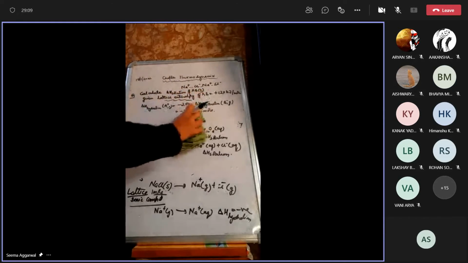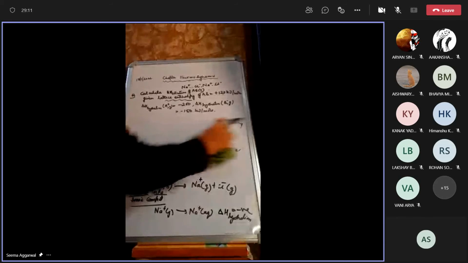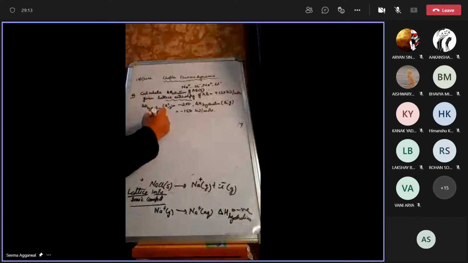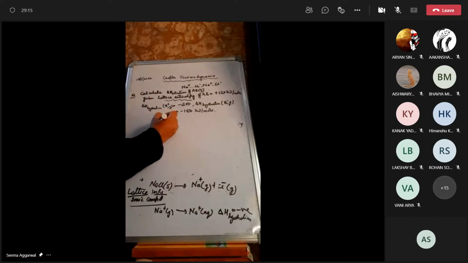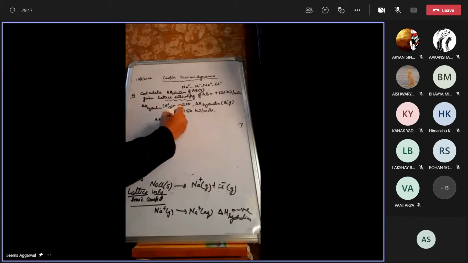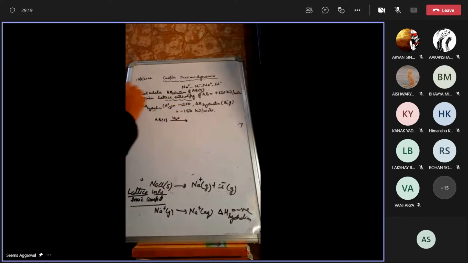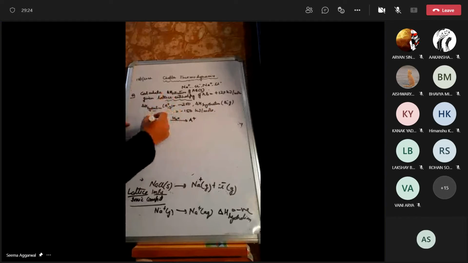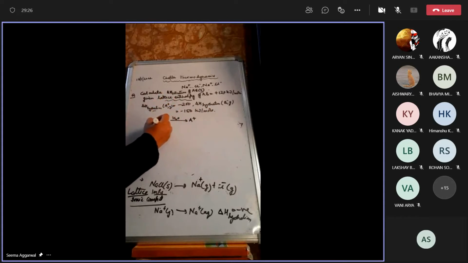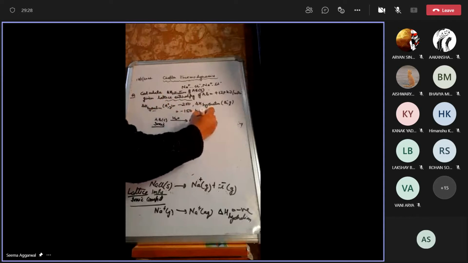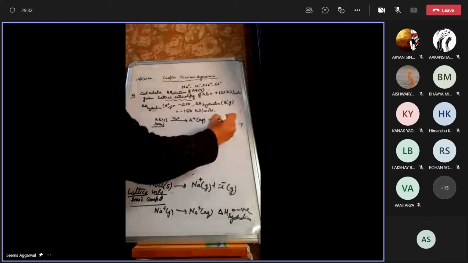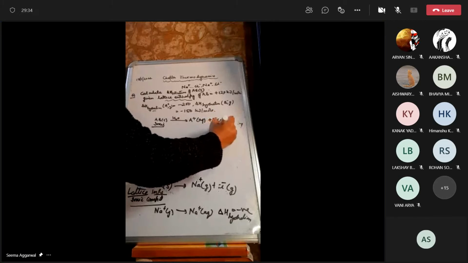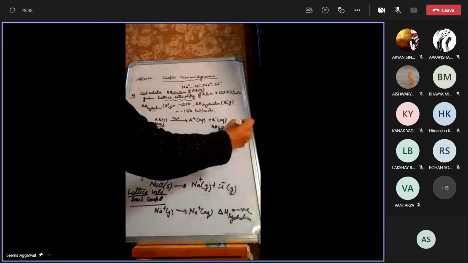So the delta H solution means when 1 mole of AB solid is added to enough solvent, water, we get aqueous ions. Since it is an ionic solid, what we are getting are the aqueous ions. So we have to calculate delta H for this.